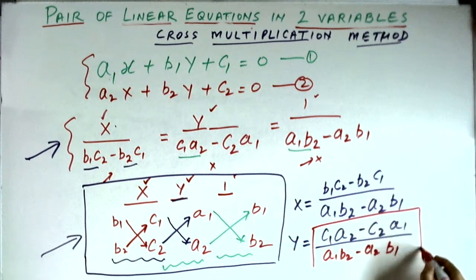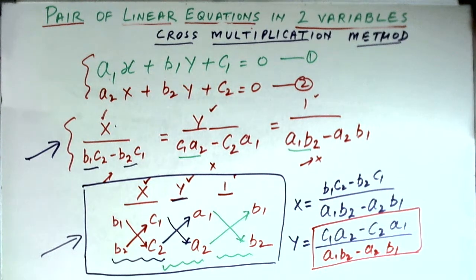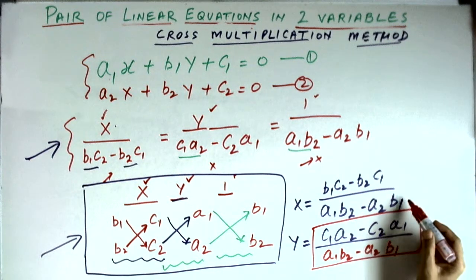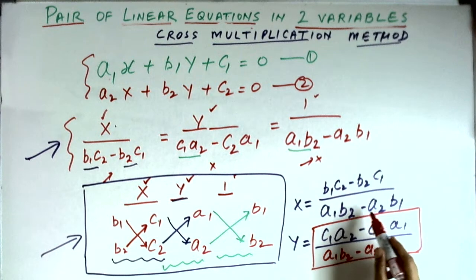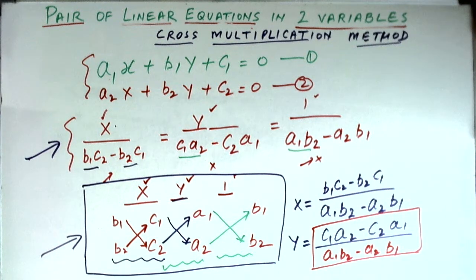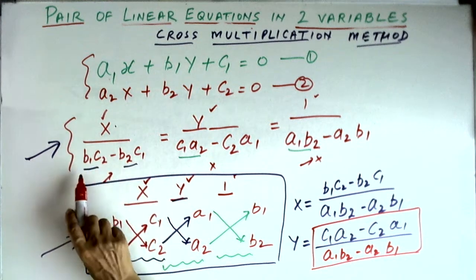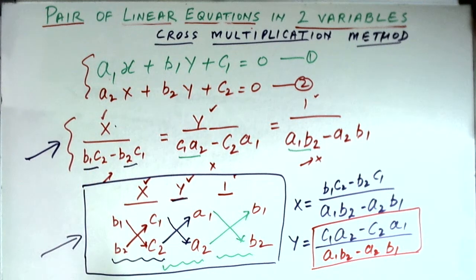So this is the value of y. In the denominator both are the same, a1 b2 minus a2 b1. The only difference is in the numerator: this is used for x, and this is used for y.